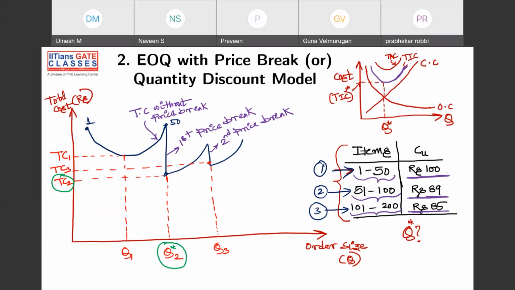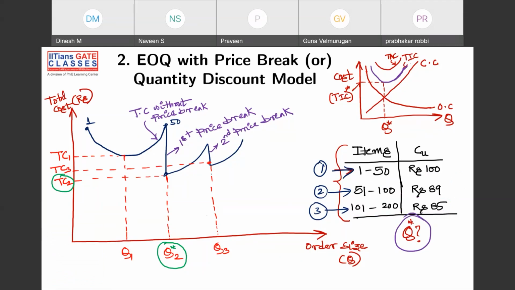In the sense, you are getting a discount of 11 rupees here, and a further discount of 15 rupees here. So in this kind of scenario, what is the order quantity Q that I have to order at each order point so that my total cost is minimized, including this discount? What is the optimum quantity Q? That is the question for every model.